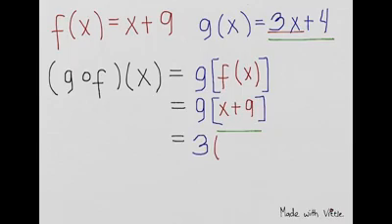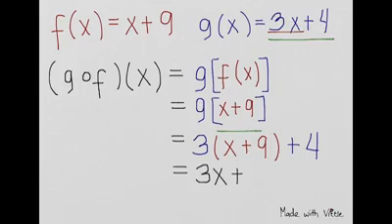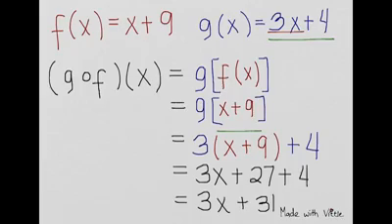Substituting, we get 3 times x plus 9, and then bring down 4. And then distributing 3, we'd get 3x plus 9 times 3, 27, plus 4. And then adding 27 and 4, we'd get 3x plus 31. We now have our g of f of x.